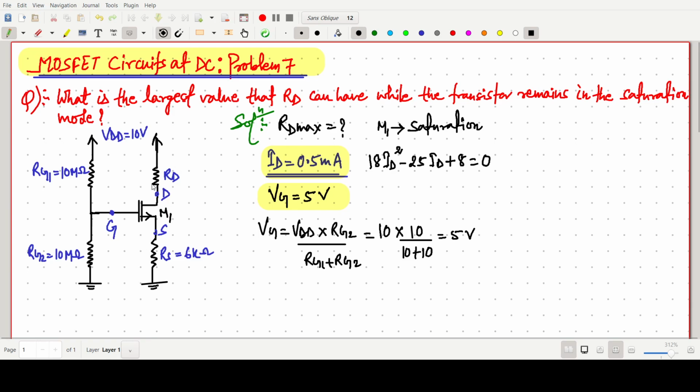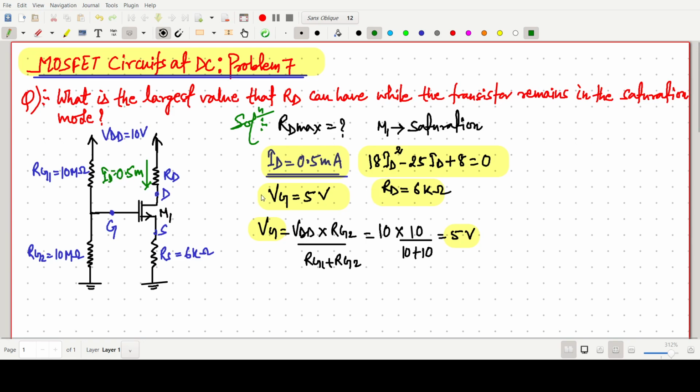In the earlier video, this RD value we had taken 6 kilo ohm. This one is also from the last video. This one is Vg. So now the current in the circuit is known to us, that is our ID value is 0.5 milliampere.